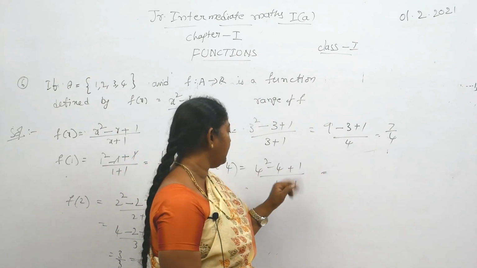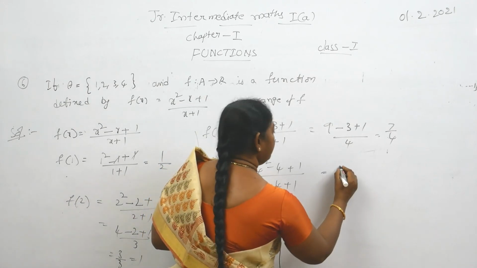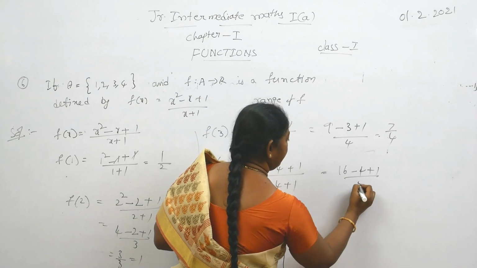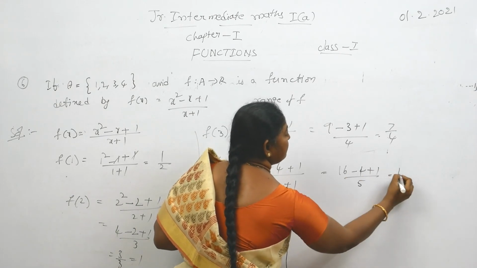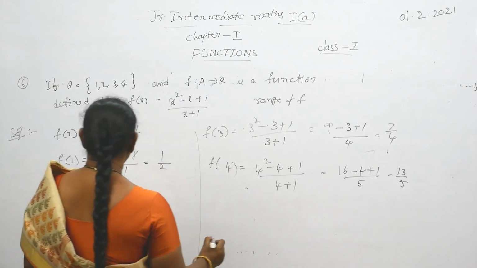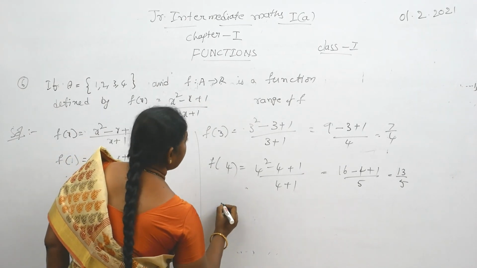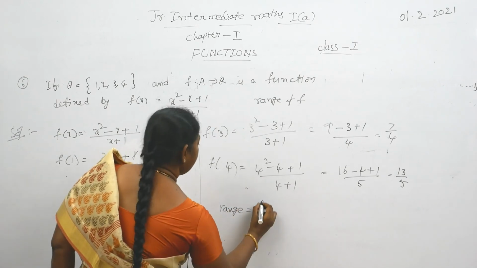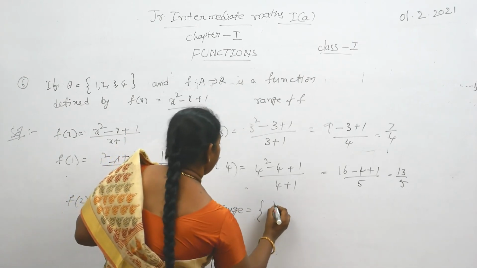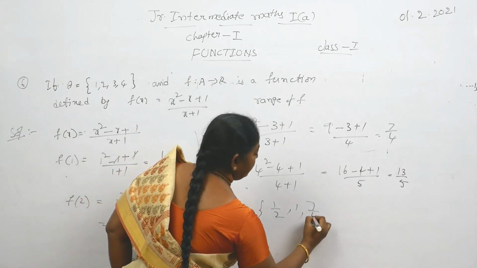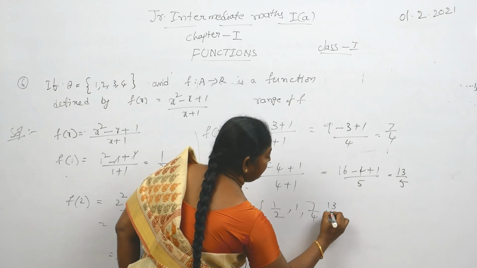So here 4 4s are 16 minus 4 plus 1 by 5. That equals 12 plus 1, 13 by 5. So the range of f equals the set of 1 by 2, 1, 7 by 4 and 13 by 5.